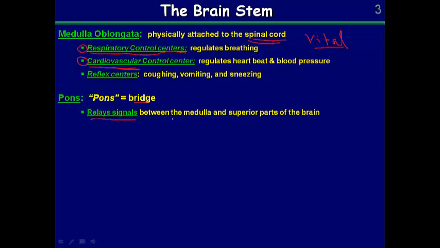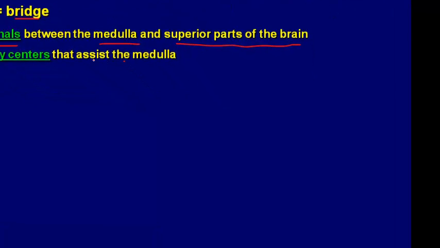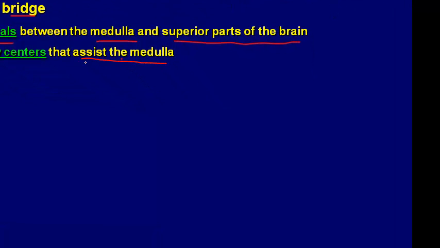It relays signals between the medulla and upper parts of the brain. That's one of its major functions. Another major function is it assists the medulla in breathing, so it also has some respiratory control centers that will help increase depth of breathing and kind of modulate your breathing.